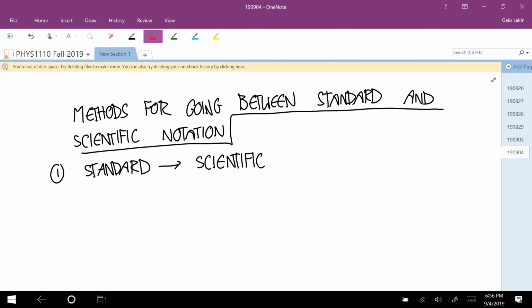And I'm going to do this with a number as an example as I go: negative 541.6.